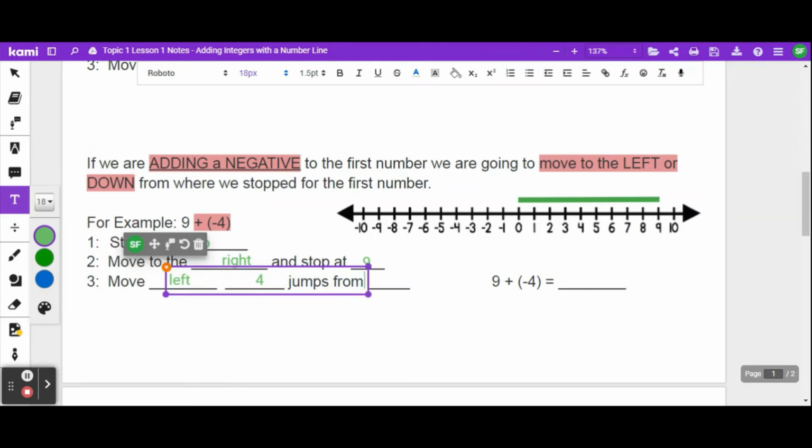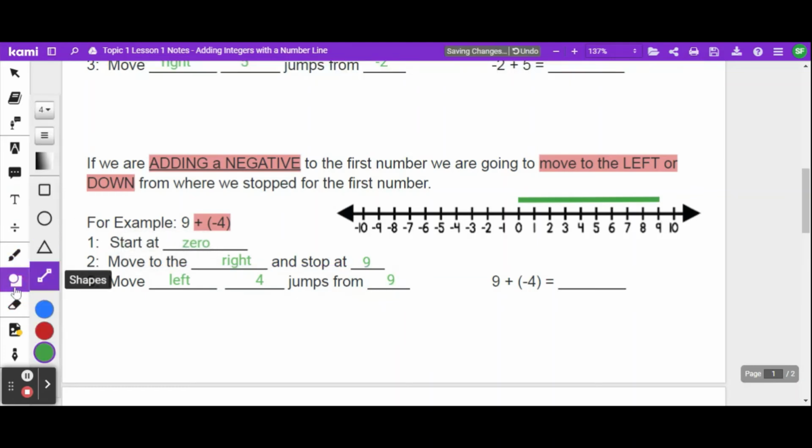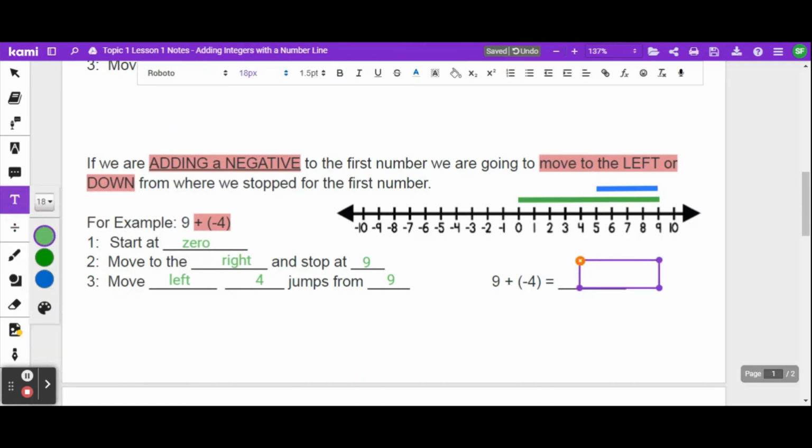If I take my line here and start at 9, I'm going to go back 4 jumps. So 1 jump, 2, 3, 4. And you can see that's going to make me land at 5. 9 plus -4 does equal 5.